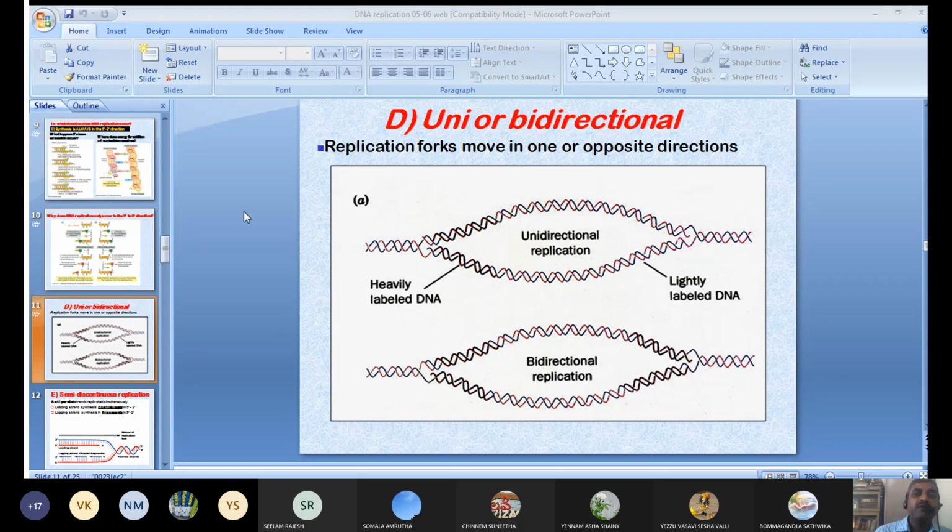So that means if one strand is having 5' here and the other strand is having 3', right? I already gave you one example in the previous slide, that DNA polymerization will take place always in the 5' to 3' direction.